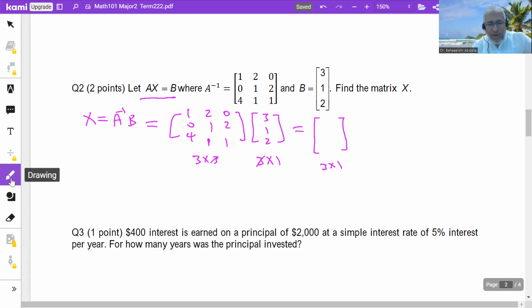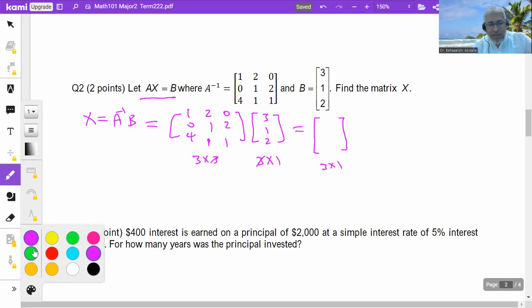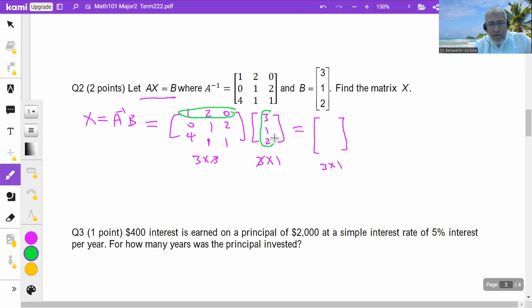So how to multiply? Again, to multiply these two matrices, we multiply the first row by the first column. There is only one column in this matrix. So 1 times 3, 3. 2 times 1, 2. 3 plus 2 is 5, because 0 times 2 is 0.